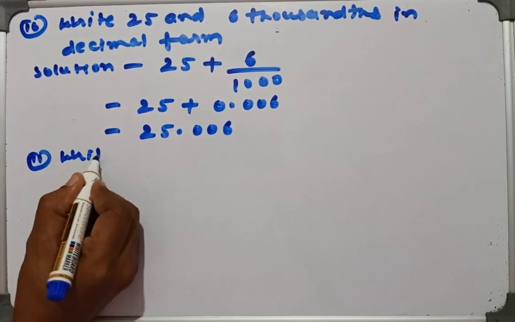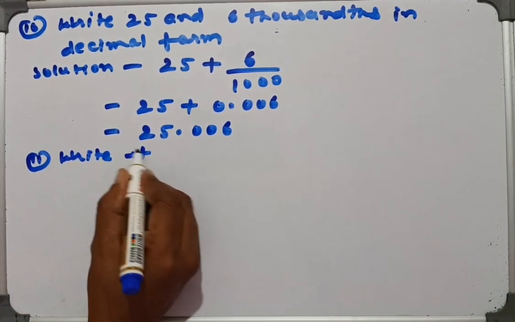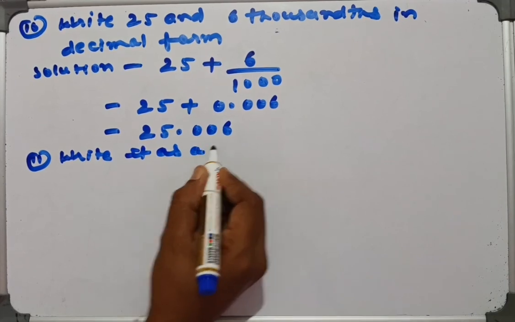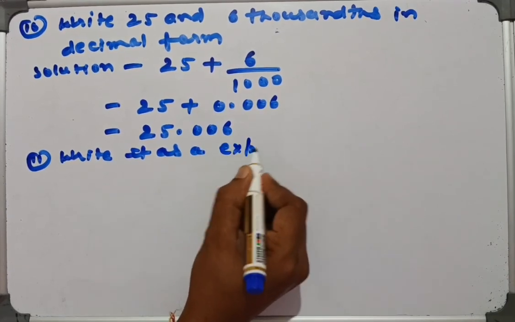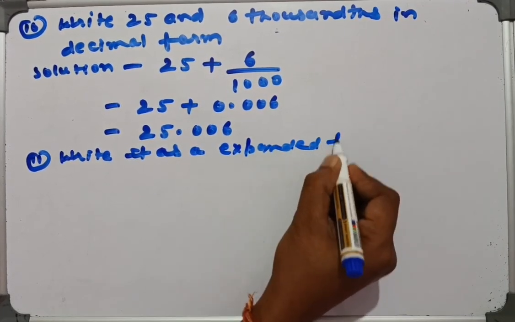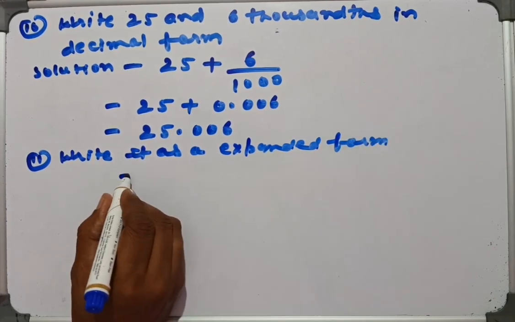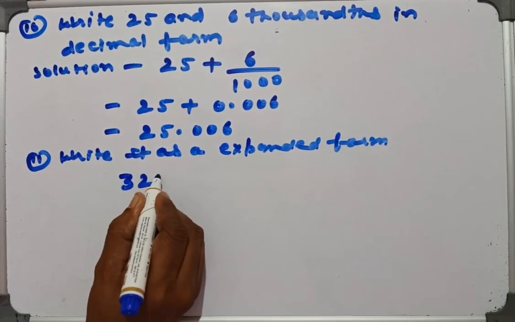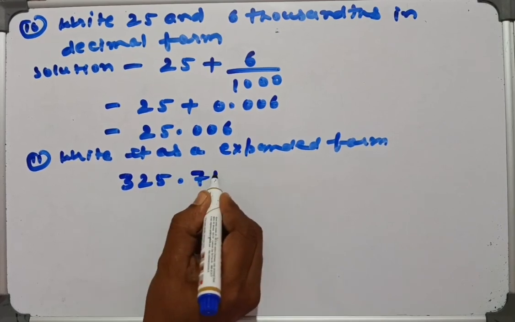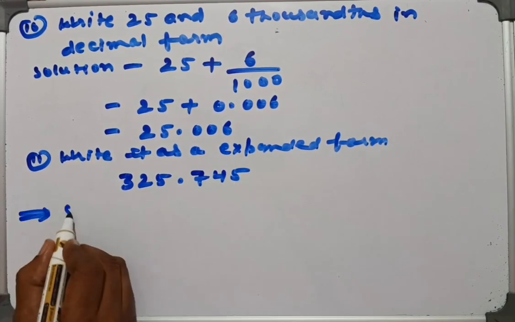Okay guys, now take another example, number 11. Write it in expanded form. The question is 325.745. Okay guys, so solution.